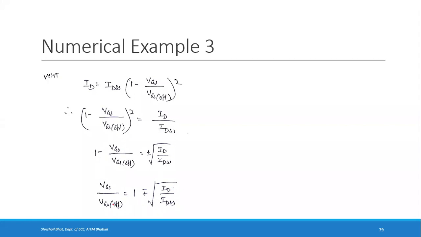Next, I'll take VGS off to the RHS. So VGS will be equal to VGS off multiplied by 1 minus or plus square root of ID by IDSS. Then just substitute what is given.